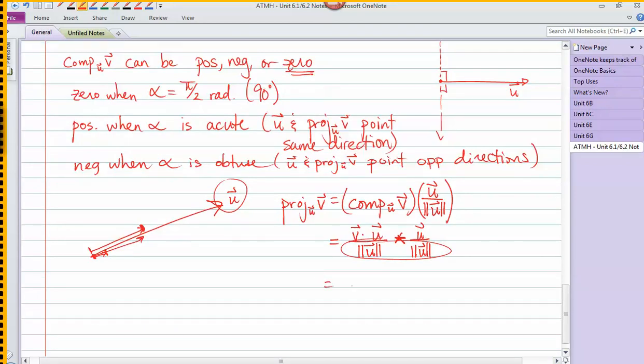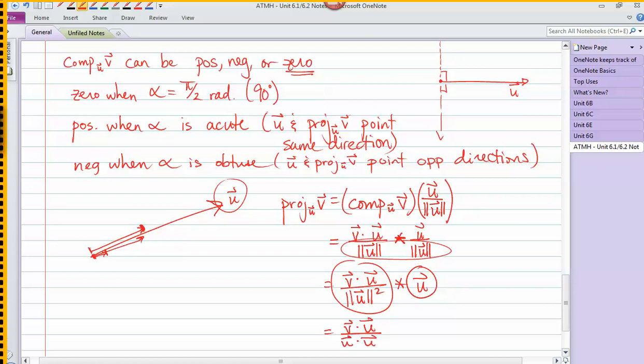Some people write it like this: V dot U over the magnitude of U squared, times U. This right here is a scalar times that vector. Other people prefer to switch out the magnitude of U squared for U dot U. And then this is a scalar all in parentheses, and if you multiply it by the vector, you get a vector with a certain length, and that length is what we want. Or sorry, this whole thing ends up being the projection vector.